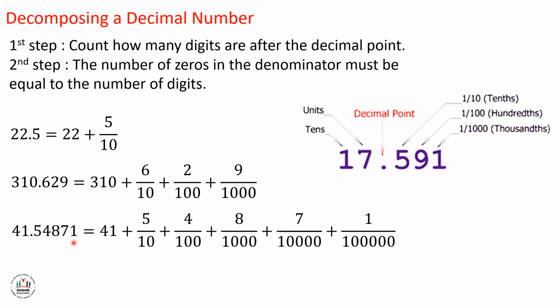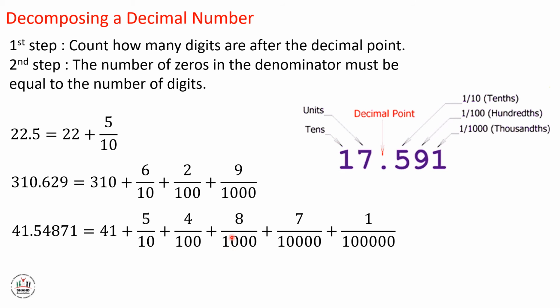41.54871. So we write 41 as it is, plus 5 over how many digits until we reach 5? Only one digit. So 5 in the tenths place value table. So we write 5 over 10 plus 4 over 1, 2, so 4 over 100, plus 8 over 1, 2, 3.